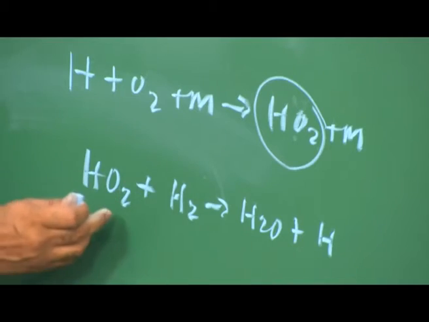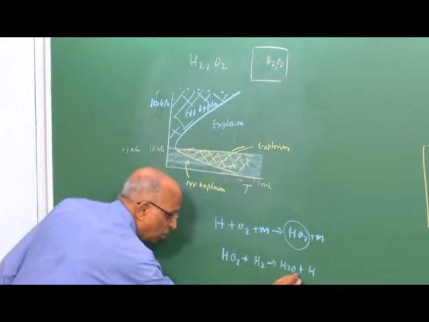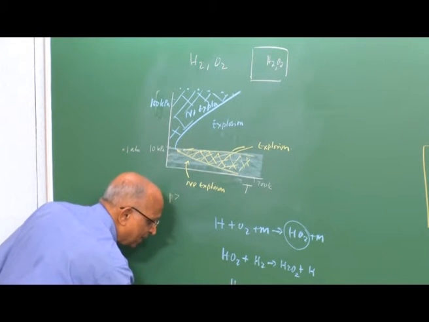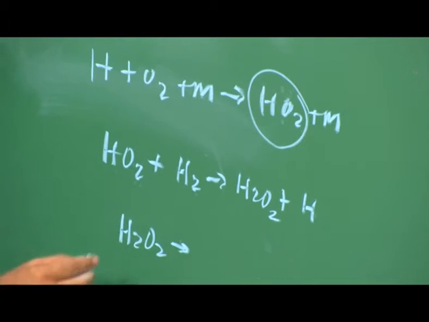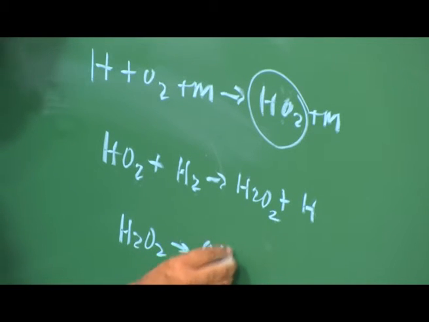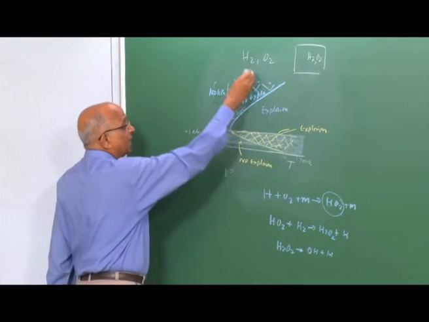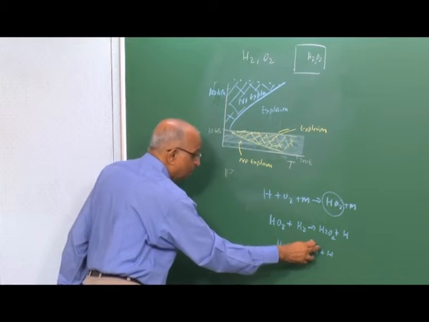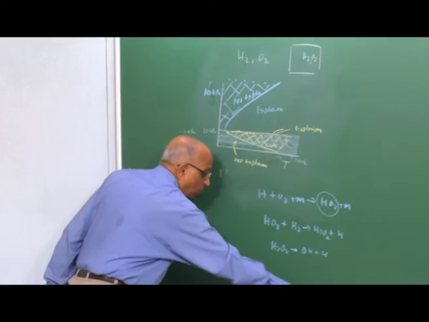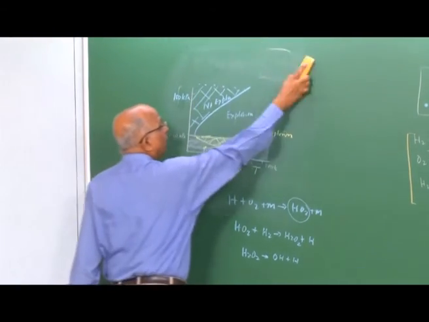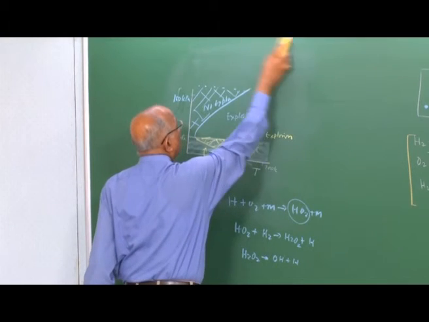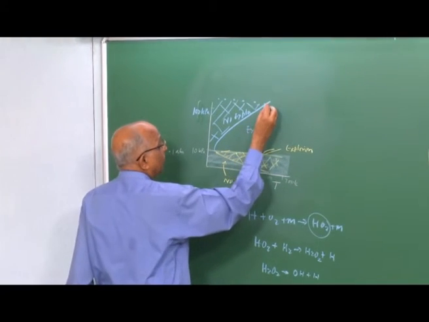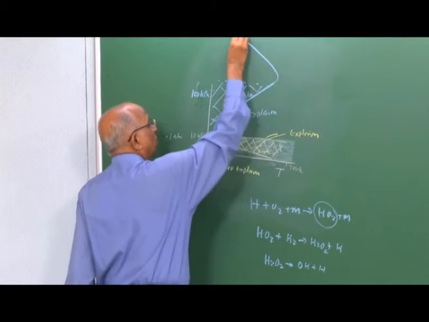That means chain is getting formed again, and the H2O2 can again at high pressures hit against each other and form OH plus H. Therefore, at very high pressures, I again start getting the chain carriers which can produce a lot of chains, and these chains can recombine to form heat release like H2 plus O giving H2O, or H plus 2H plus O giving me water, and therefore the curve goes back over here.